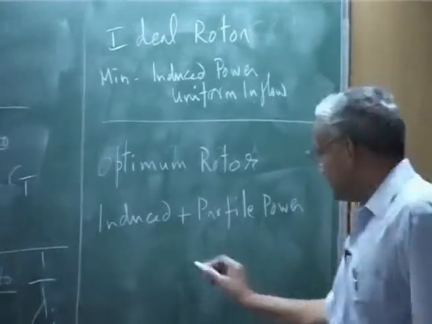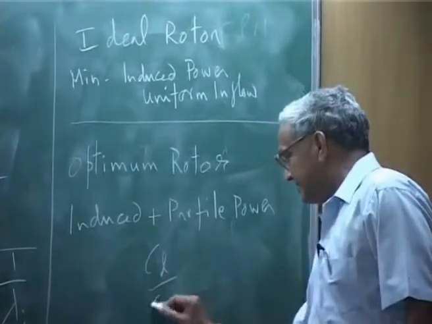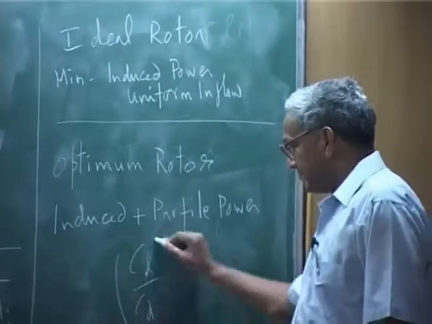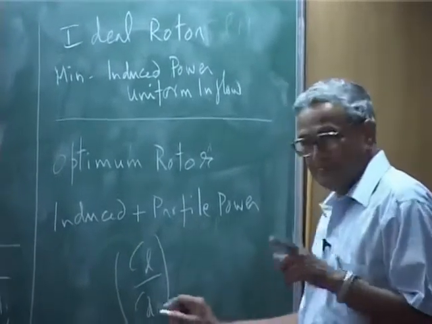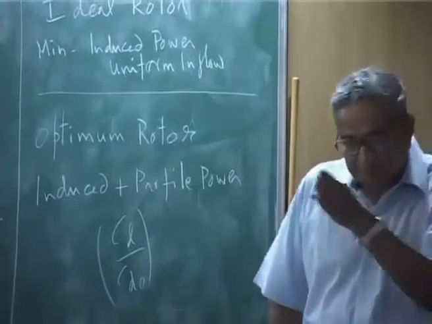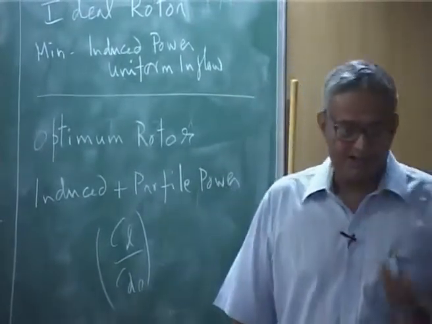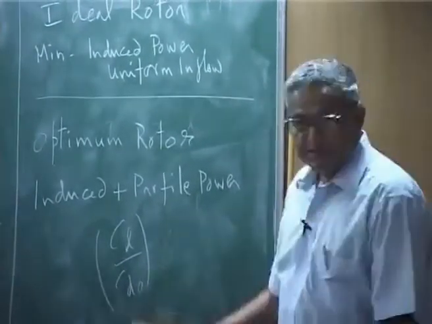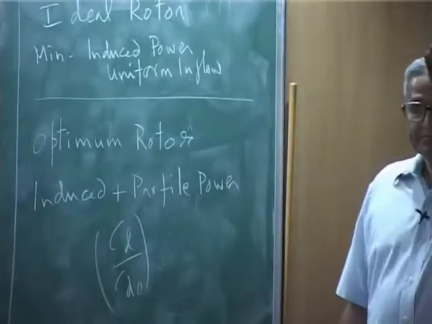That means CL over CD naught for a section, the sectional lift coefficient by CD naught, must be large.